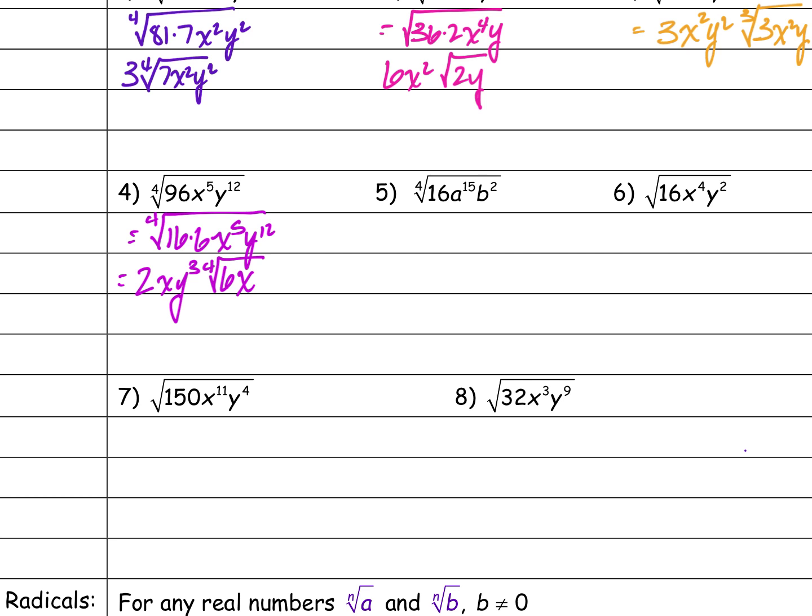Okay, and number 5, the fourth root of 16 is 2, a to the third. And then we have the fourth root of a to the 12, 13, 14, 15, third, b squared.